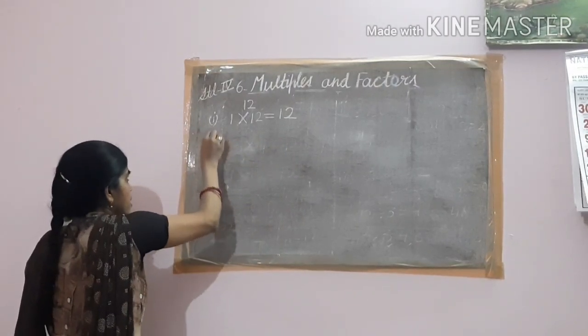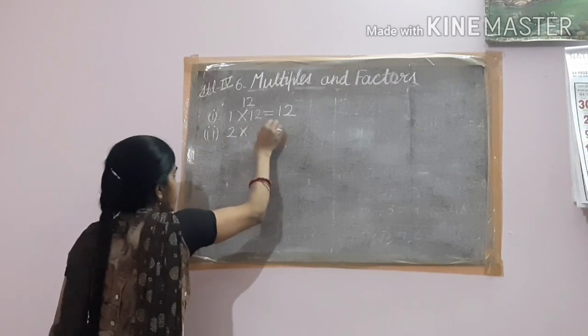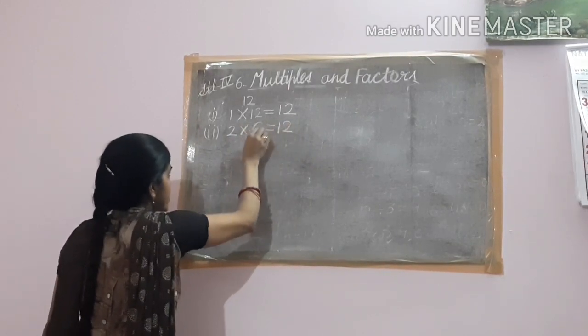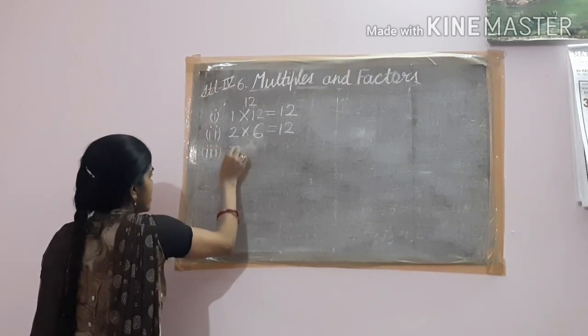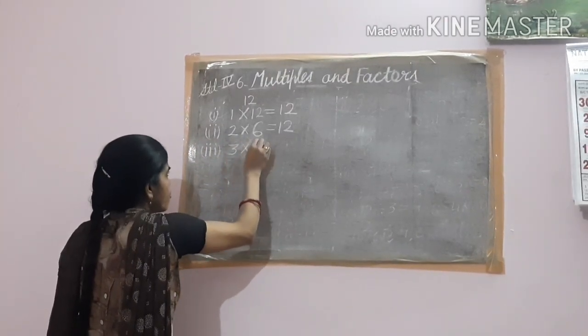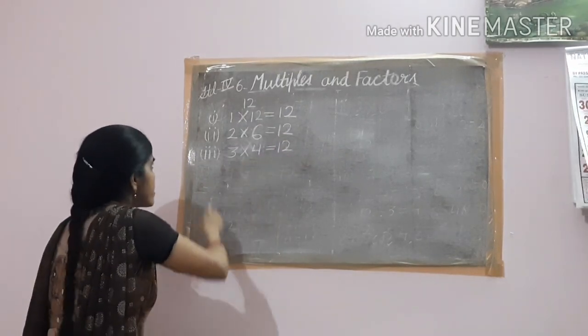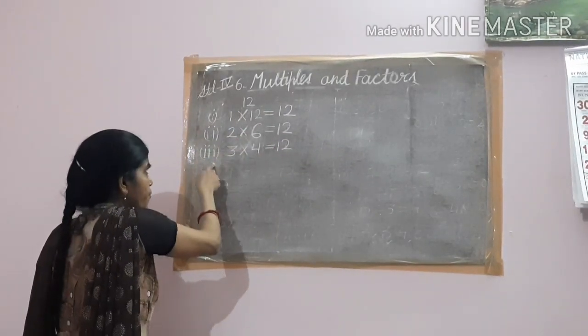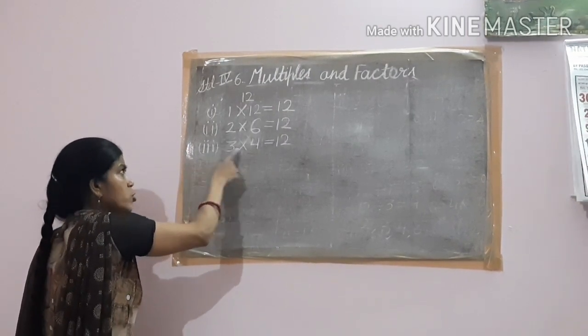Now next, 2. By which number do you multiply to get the product 12? 6. Next is 3. 3 fours are 12. So these 3 pairs of numbers give the product 12.